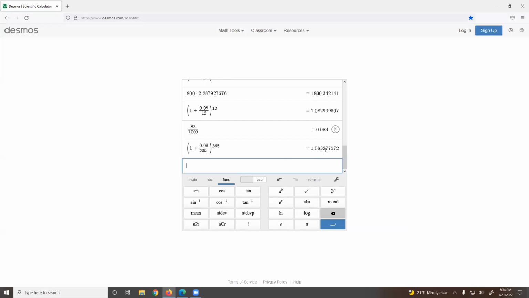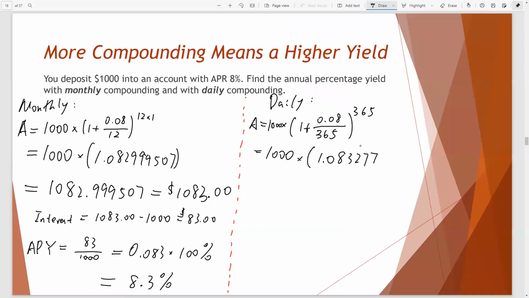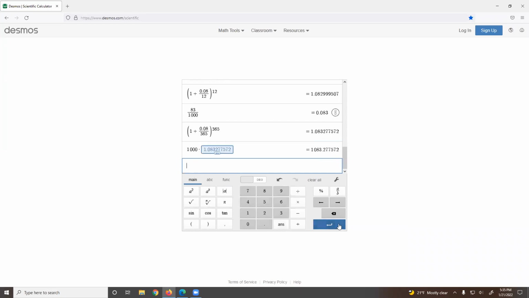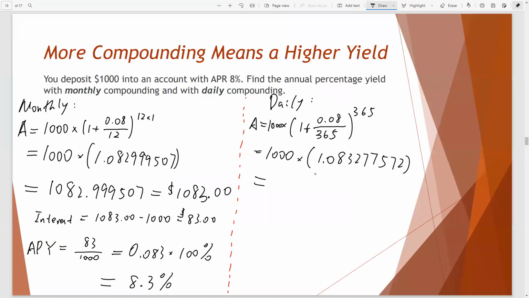So 1,000 times it, and round it directly, that's 1,083.28.